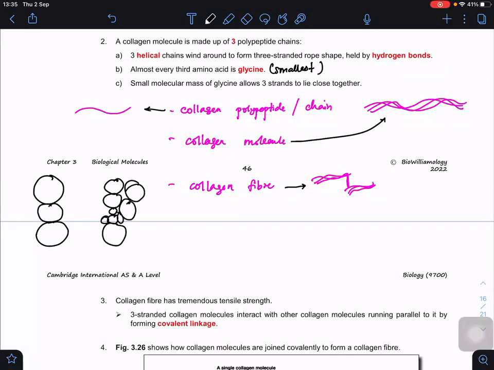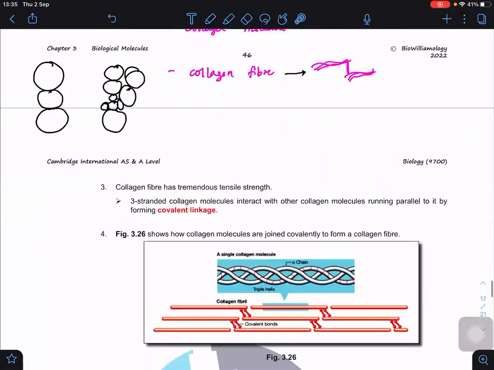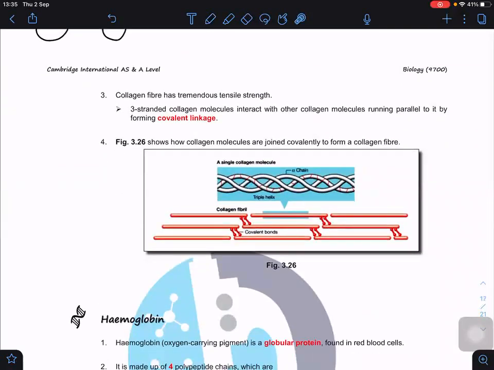Then you can wind at the small regions. You will be able to wind them nicely. So that's why collagen molecule can be formed by three intertwined collagen polypeptides. And we do know that collagen fiber has very high tensile strength.